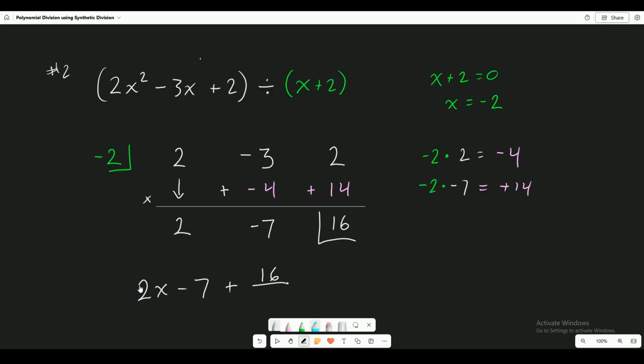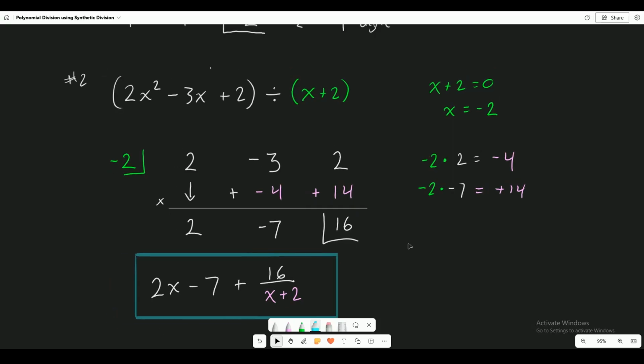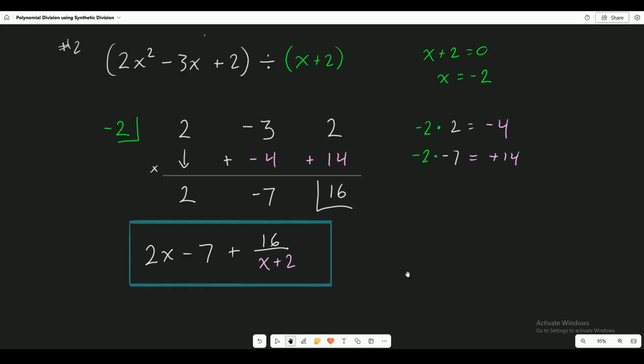Remember, you always keep what you start with, right? This is our final answer right here. Let me zoom out. Right there, that's our final answer. This is a lot faster than long division, which is why it's my preferred method. But you might run into some problems sometimes when the divisor's coefficient is not 1.